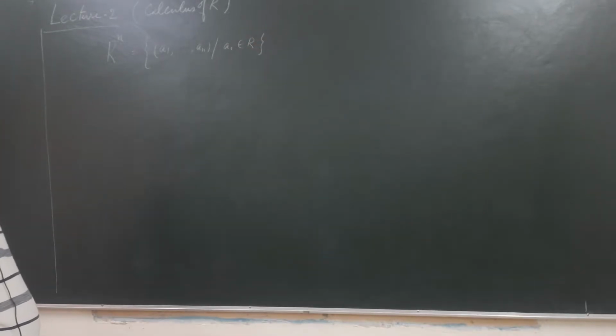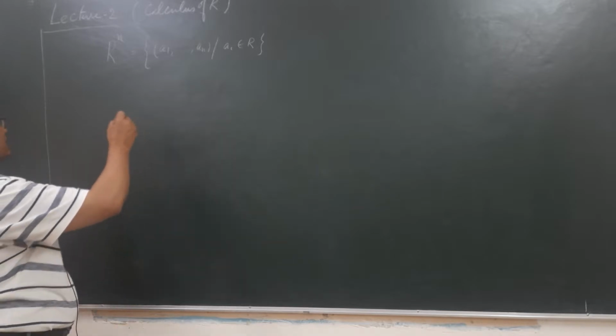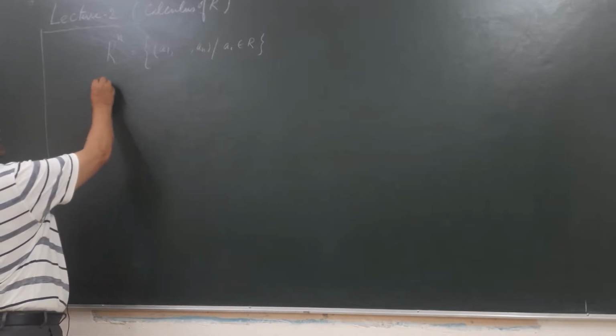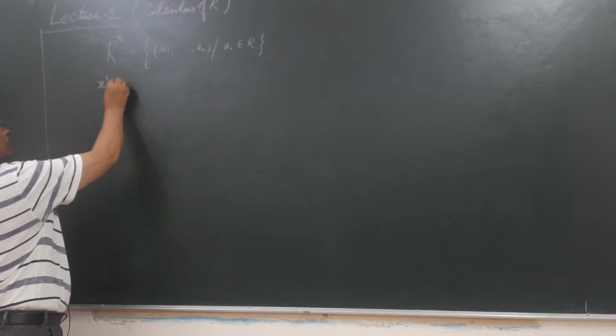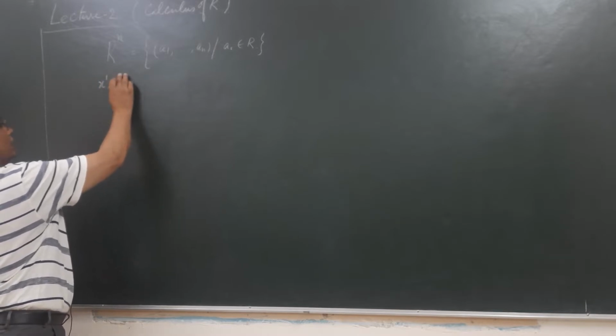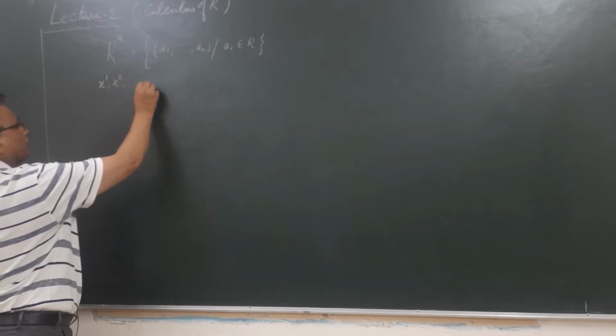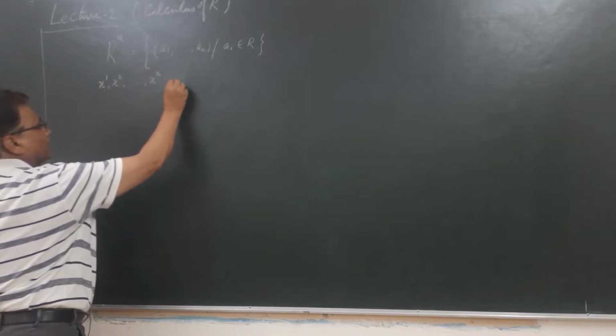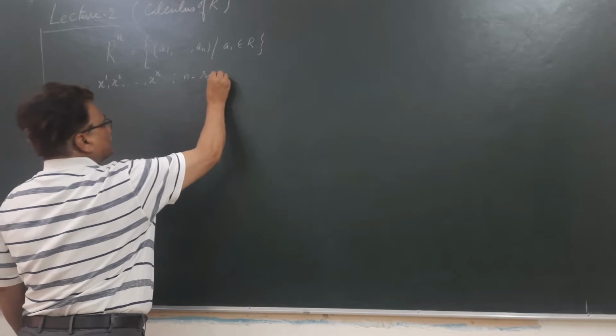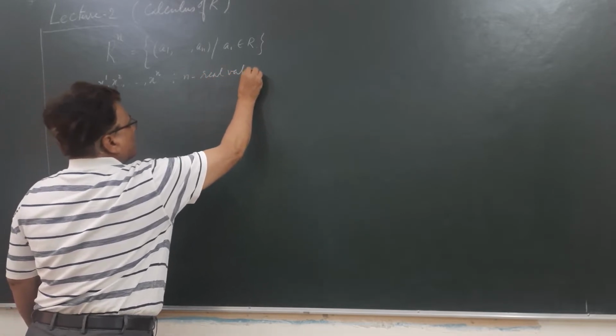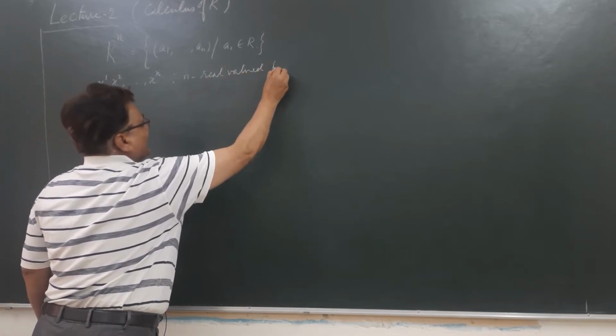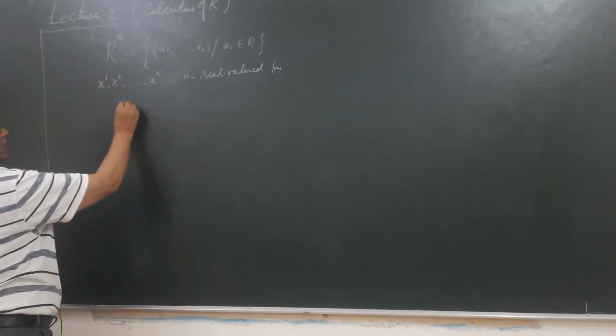Now, there are some special features of Rn. One important feature is that here you have a coordinate system. I am defining these n real valued functions x1, x2, x3, up to xn.